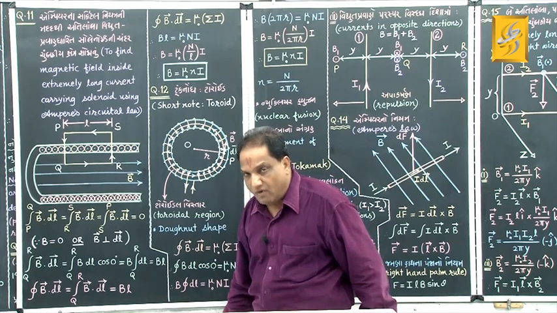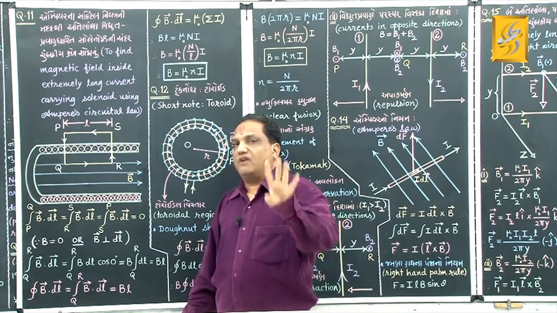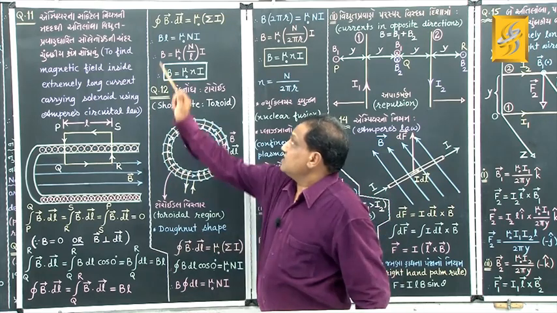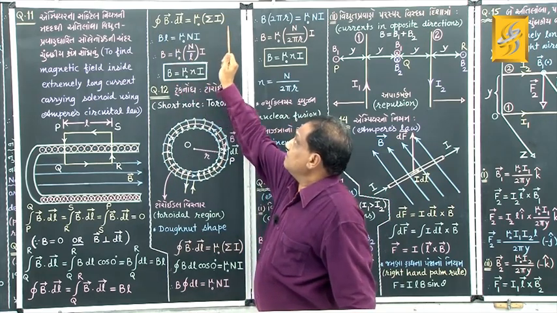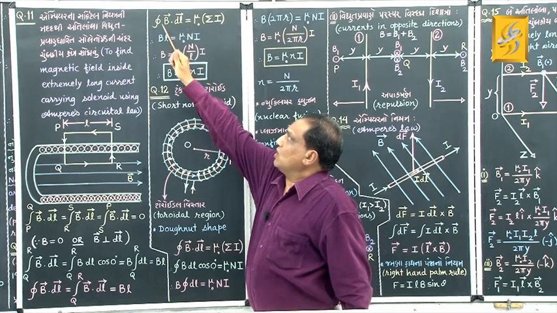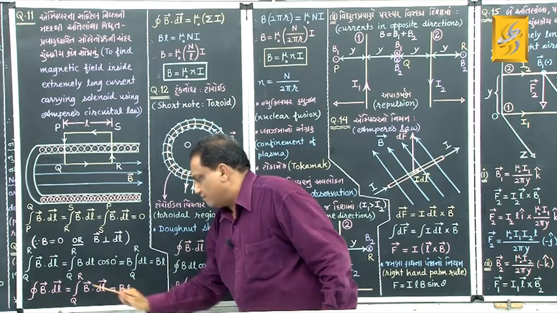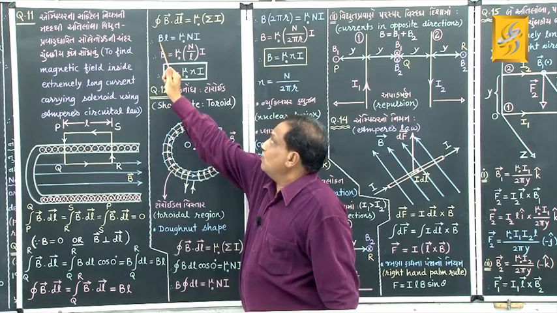What was the mathematical form? Closed line integration of magnetic field is equal to the product of mu 0 and sigma I. Same result I have written here, correct? Closed line integration of magnetic field, we have found out, is B into L.